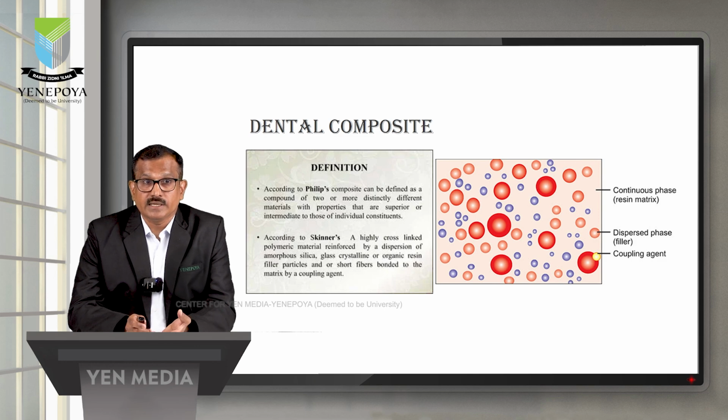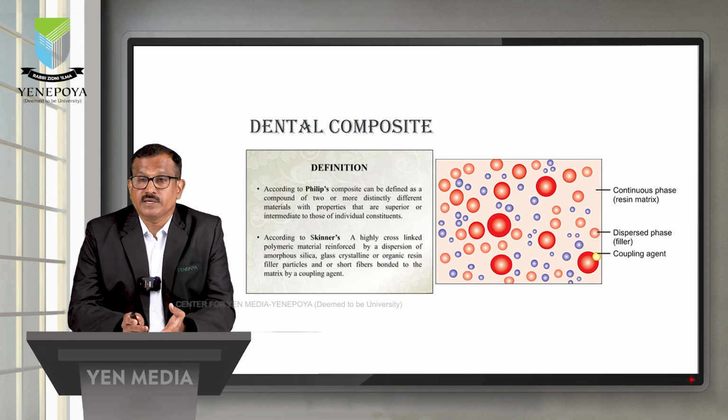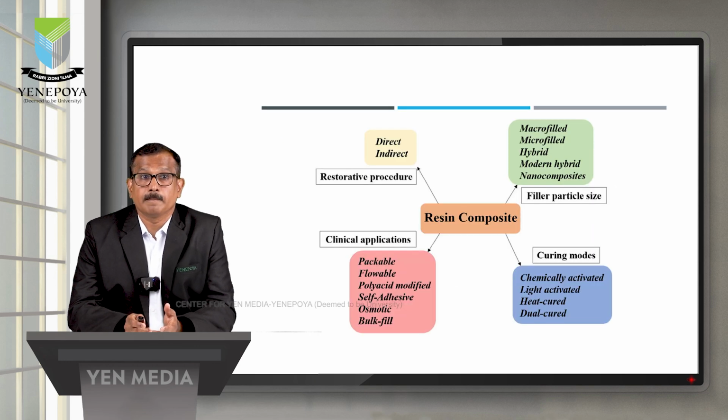In simple words, it comes with a resin matrix in which a lot of fillers are dispersed, and to bind them we use a coupling agent, which is organosilane. This makes the entire thing a complex structure, giving it very strong properties. Because we always consider amalgam the benchmark material, we can consider this now as having similar strength to that of amalgam.